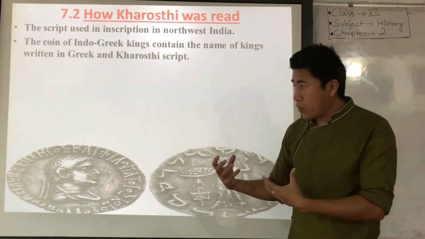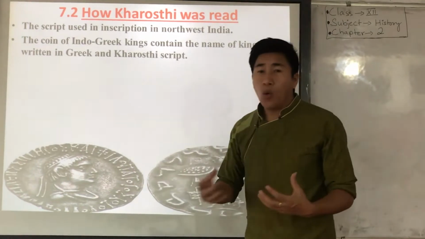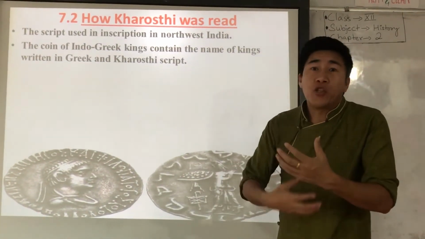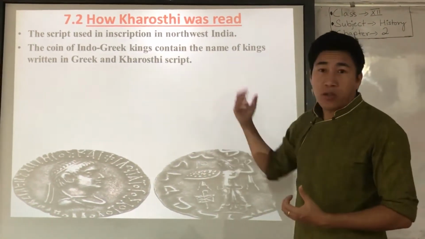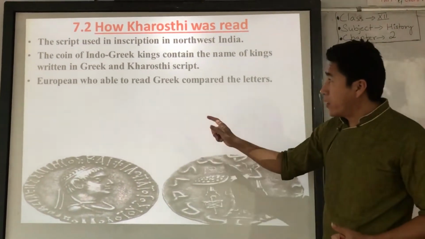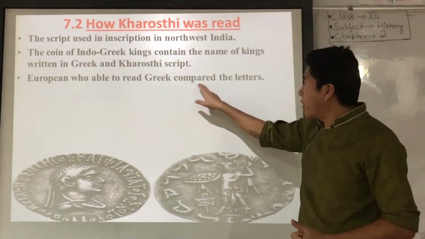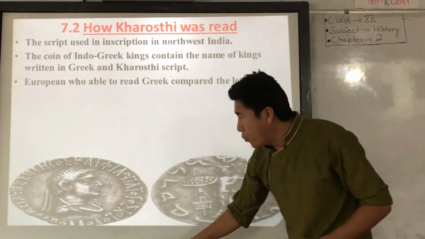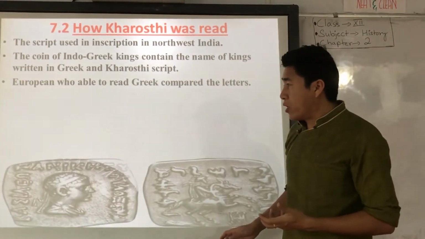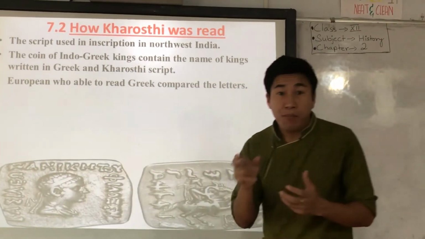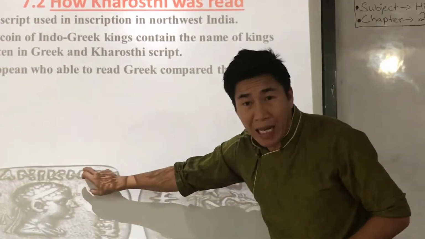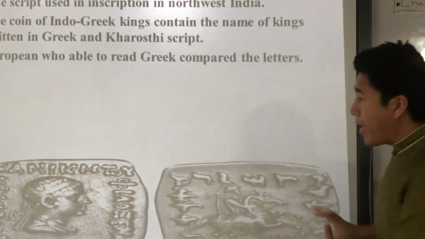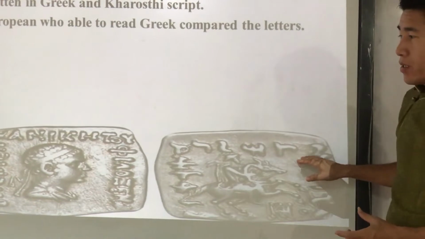So through that way, the historians were able to decipher Kharoshthi script. Europeans were able to read Greek, and compared the letters. Those European scholars who were able to read this Greek letter could compare it with the Kharoshthi script, just like that.